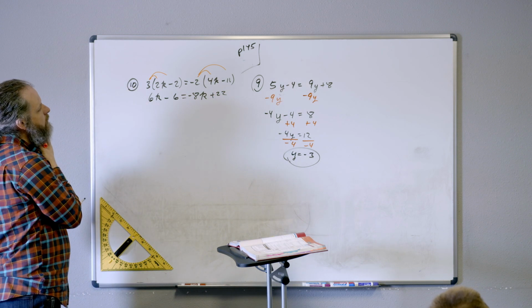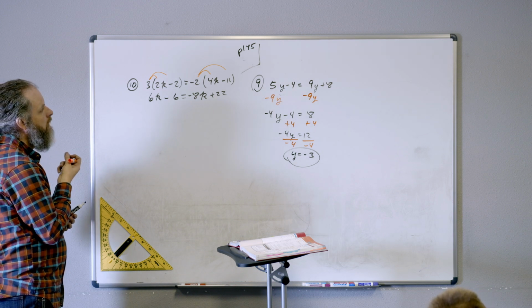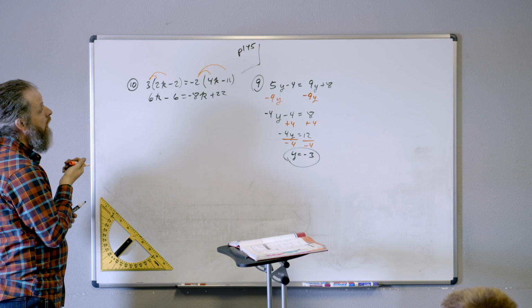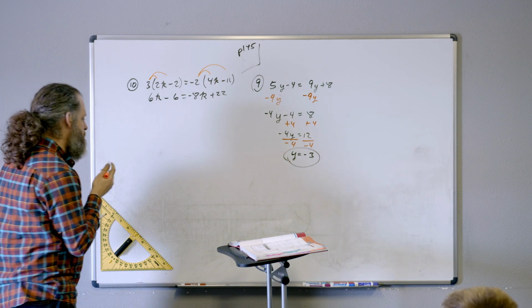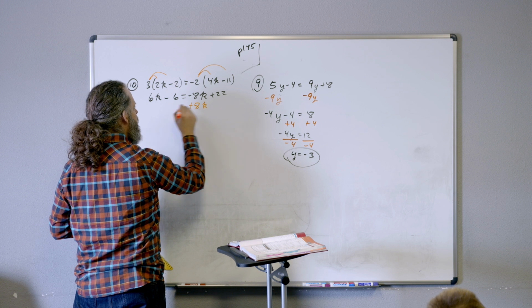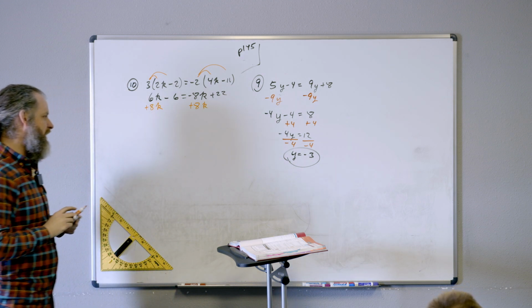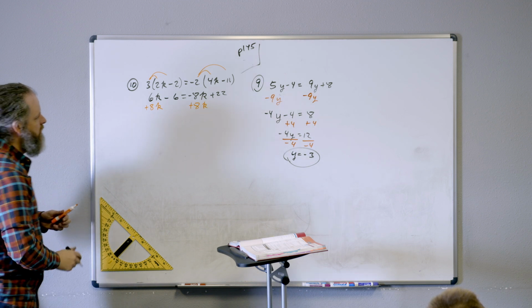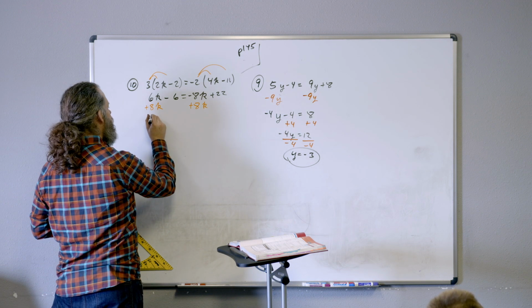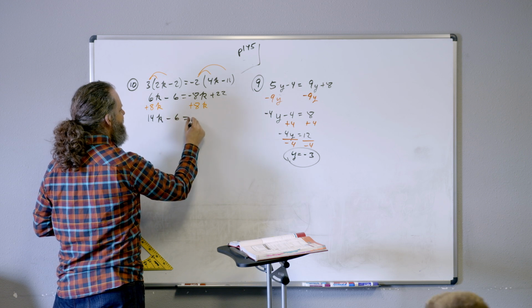Plus the 8k to the 6k. Add 8k. We've got to get the k's together, right? 6k plus 8k is what? 14k.